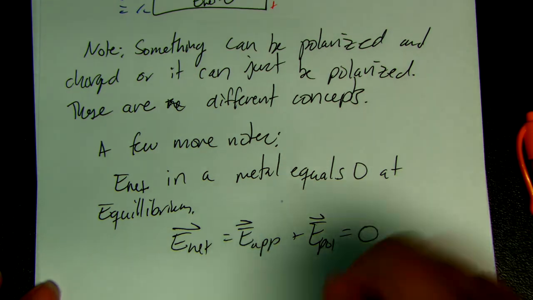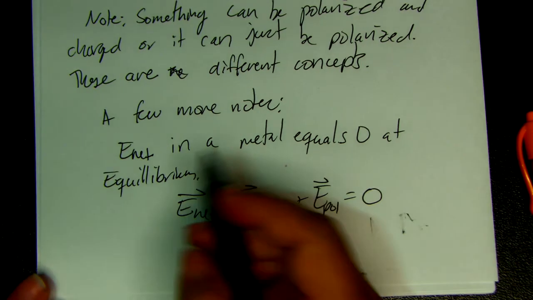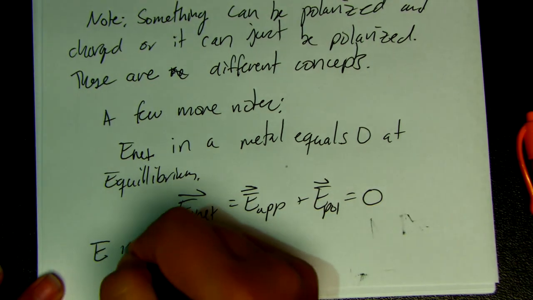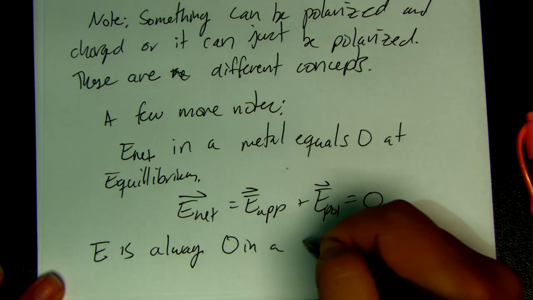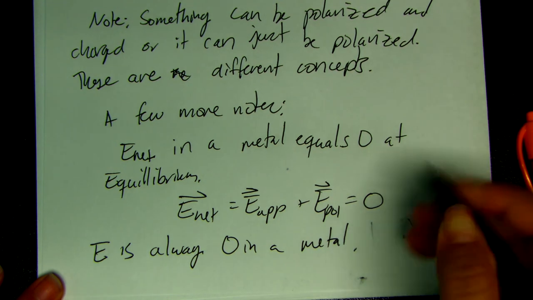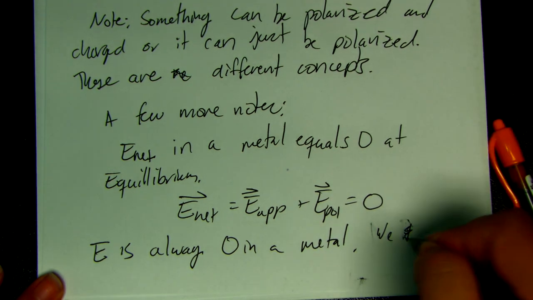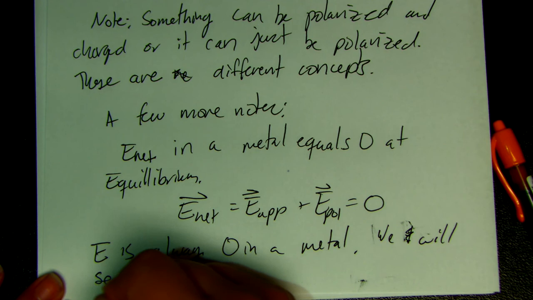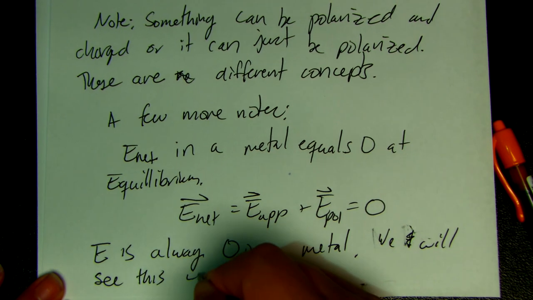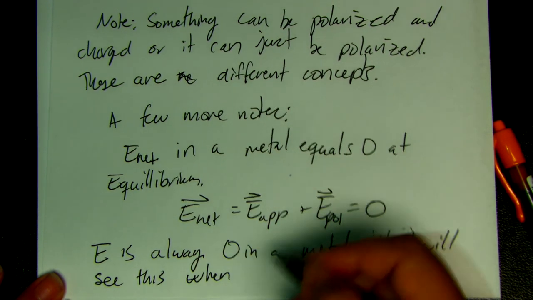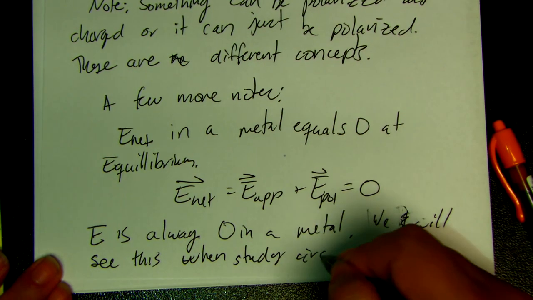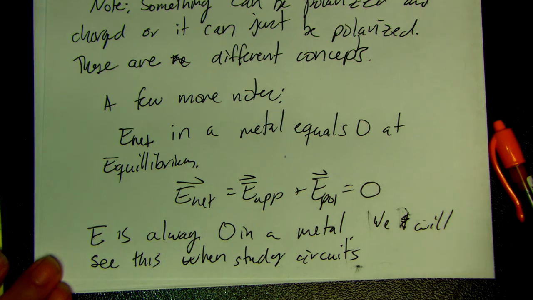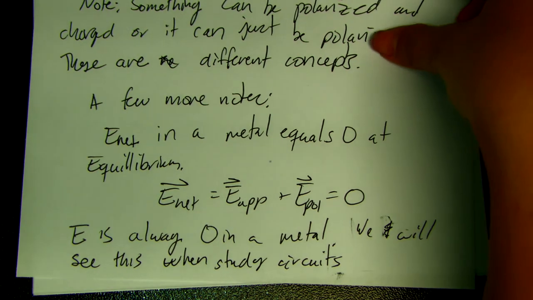This will be important in later chapters. The electric field is not always 0 in a metal, and we will see this when we study circuits. When we study circuits, we really work on understanding the physics of what's happening, not just the equations, because you will see that the equations come from some really interesting assumptions.